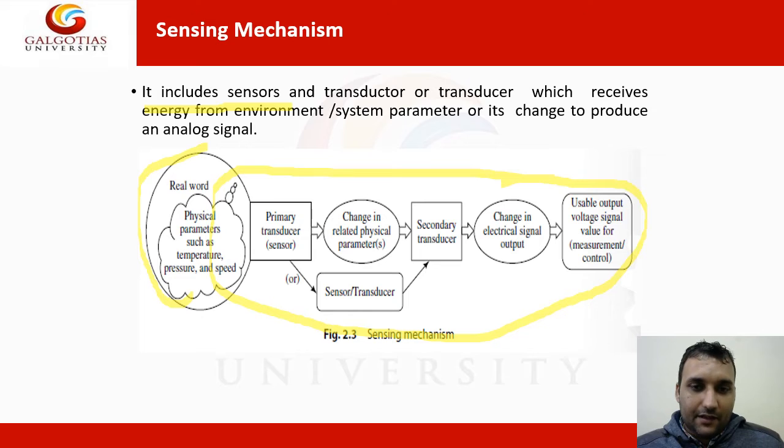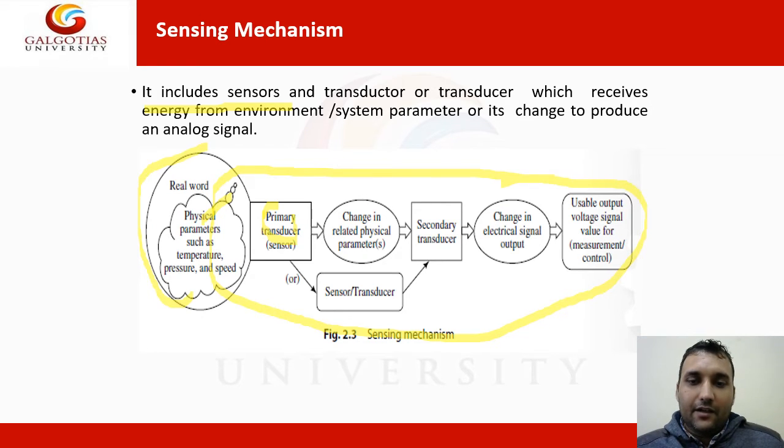First is the physical world, the physical parameters, that is temperature, pressure, speed, and length. This is a primary transducer that senses this physical world. Then there is a change in that quantity to another quantity. That physical parameter is converted into voltage or another parameter.